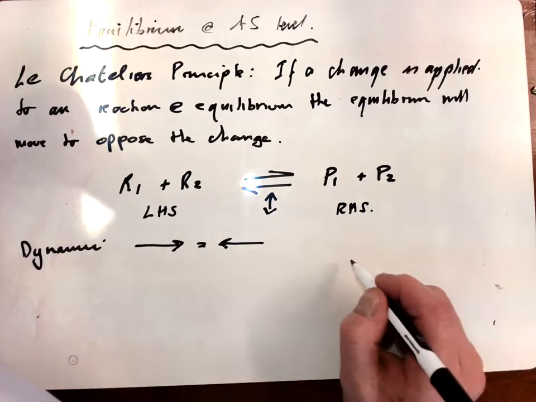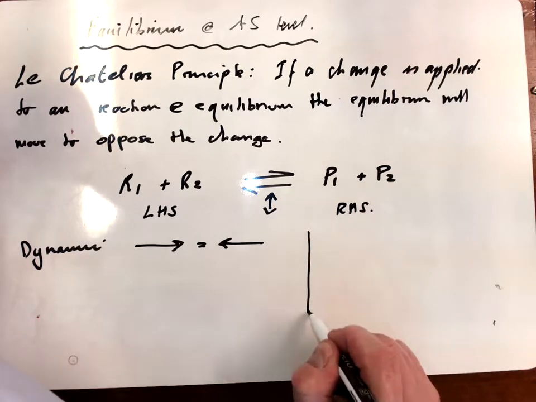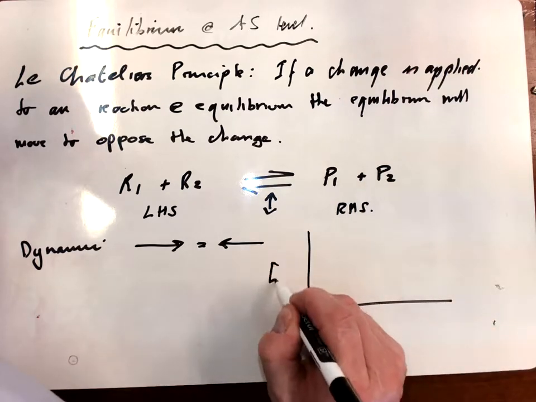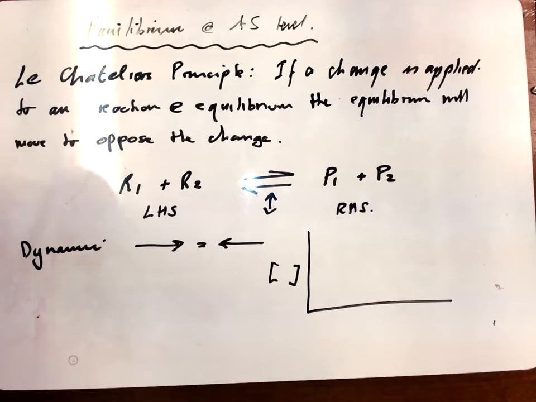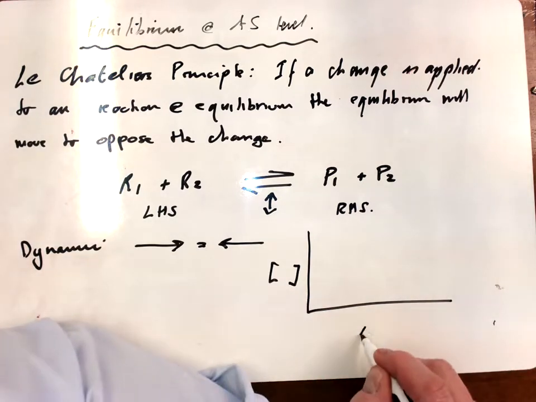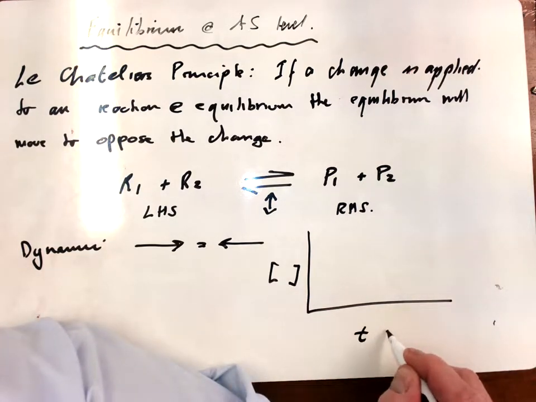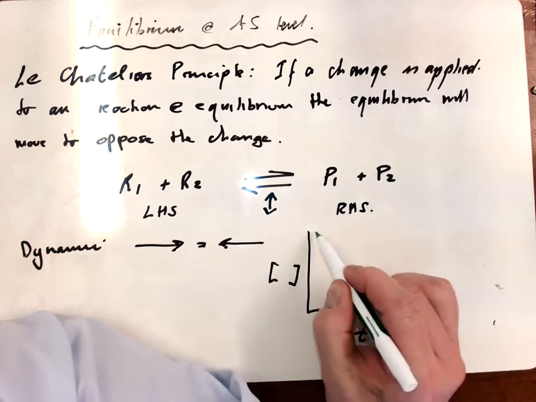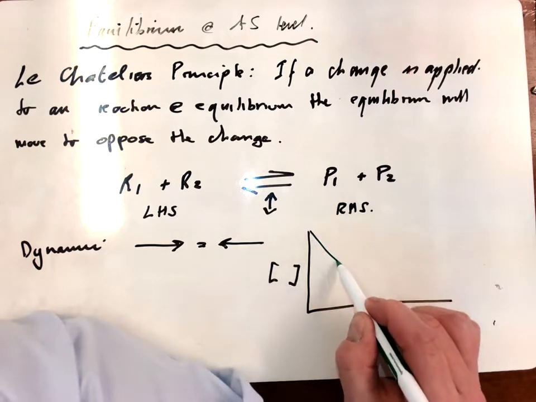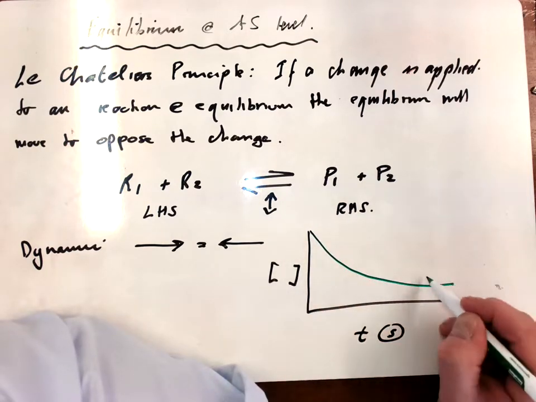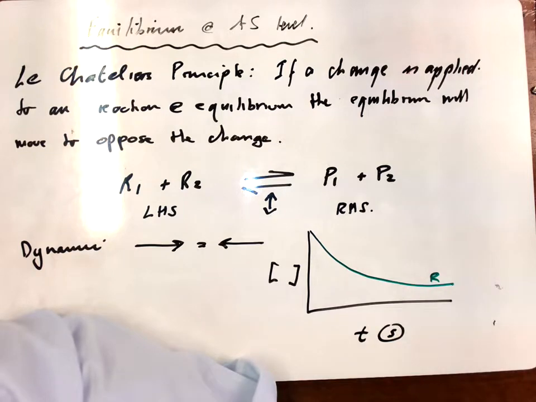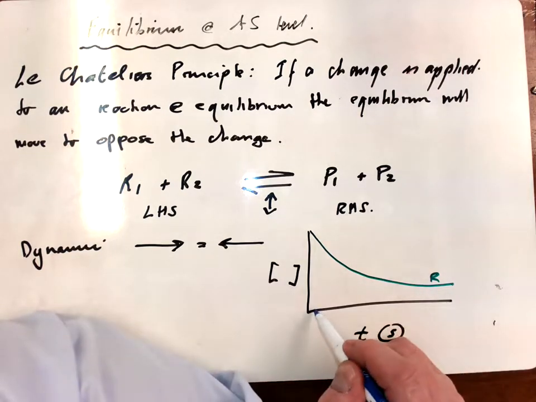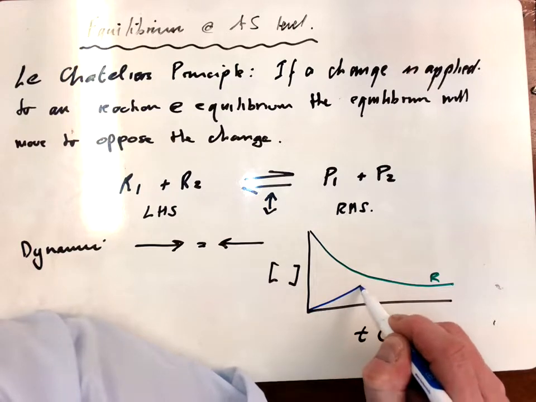And you'd often see a graph given to you, where the y-axis is concentration, and here we're dealing in time, maybe in seconds, and you'll get this graph of products here. This is reactants. And during the duration of the reaction, you'll see a graph for products.